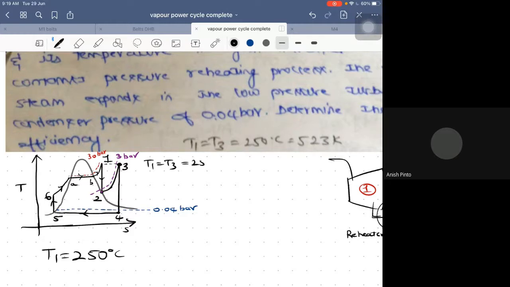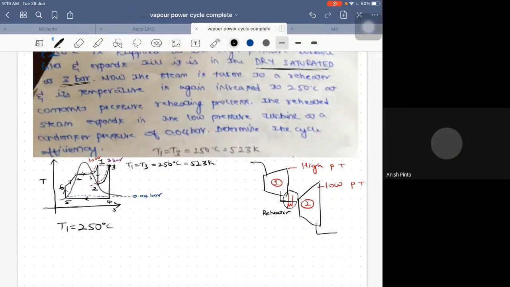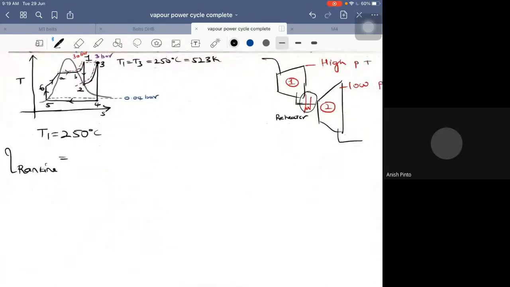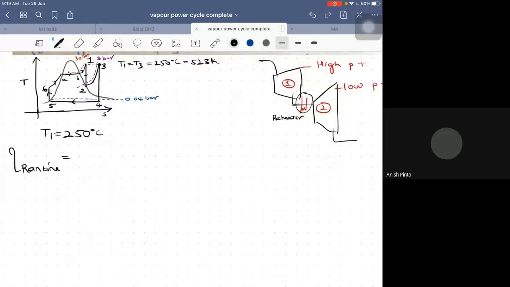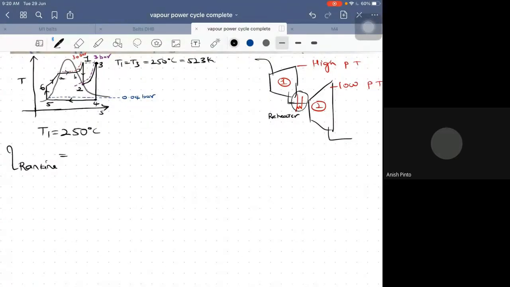When you convert into Kelvin, it is 523 Kelvin. Very good. Now, determine the cycle efficiency, he says. That means we have to determine the efficiency of the Rankine cycle. It's again the same thing if you go with the basics. You can find this without my help.